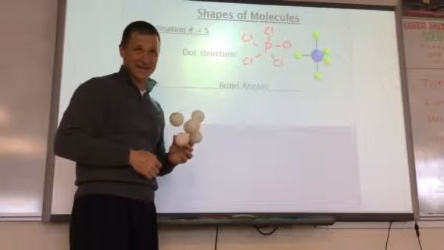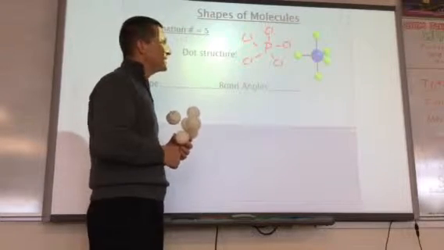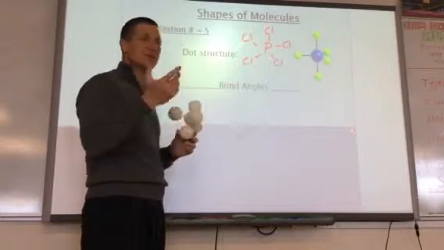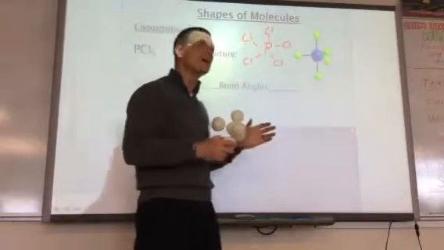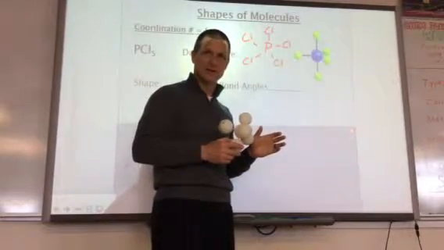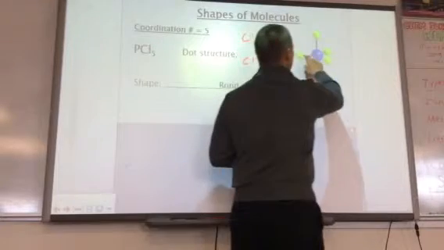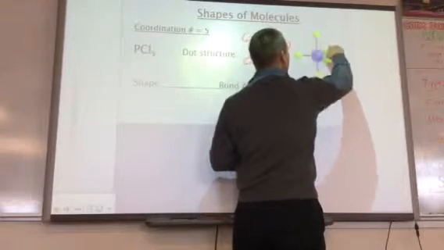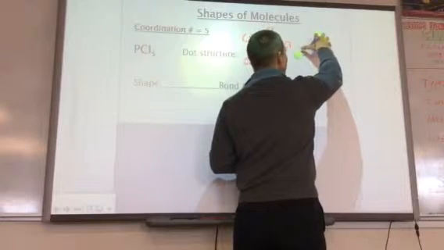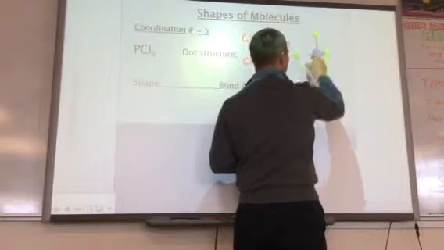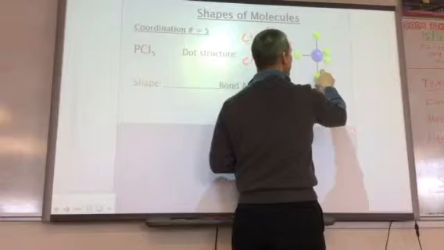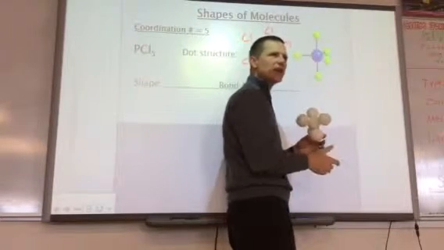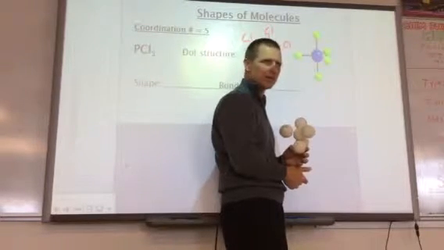The shape of this thing would be considered, and it's kind of scary at first, but you can make sense of it. It's a trigonal bipyramid. And what that means is this. If you imagine these 3 green atoms in the middle, they're making a triangle, and they're making a pyramid above to the top chlorine, and then they're making a pyramid down below them to the bottom chlorine. It's a trigonal bipyramid shape.